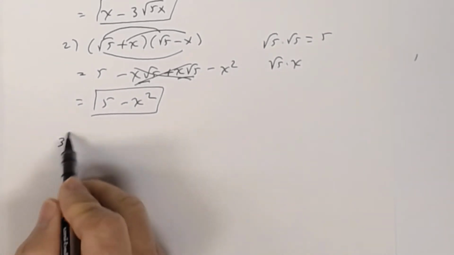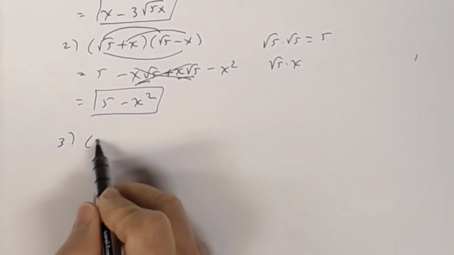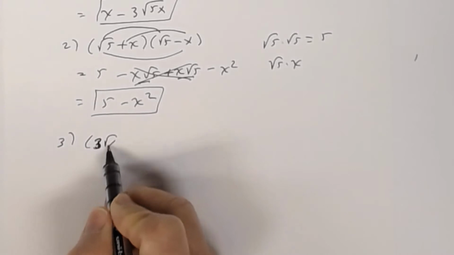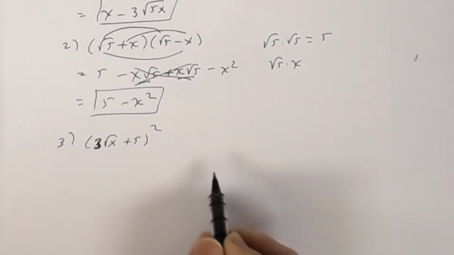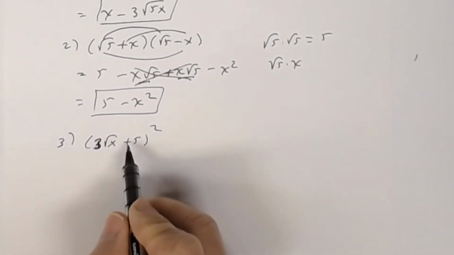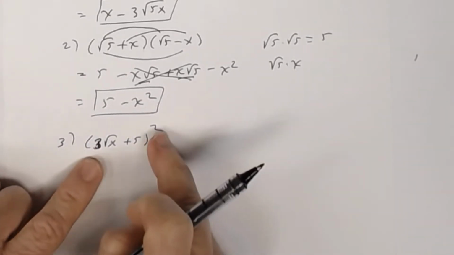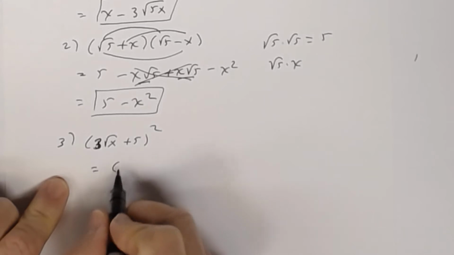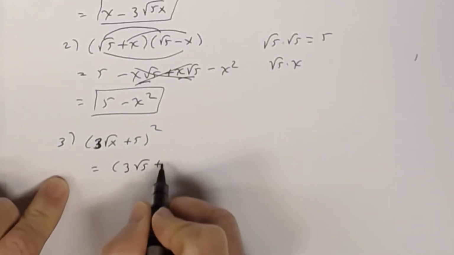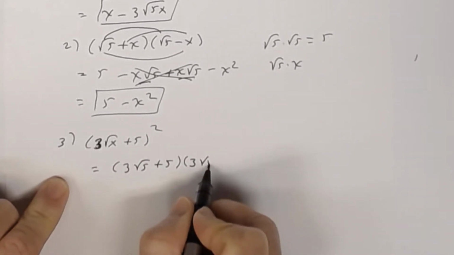Number three, you have 3 square root of x plus 5, squared. Remember what that means when you have a binomial being squared: you can rewrite this as 3 square root of x plus 5 times itself.